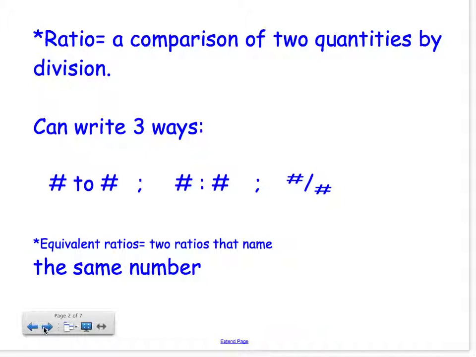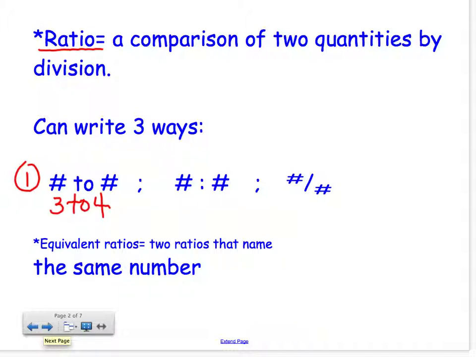We're going to start first of all with the word ratio. A ratio is defined as a comparison of two quantities by division. A ratio can be written in three ways. The first way is a number to a number, for example, the ratio of 3 to 4.